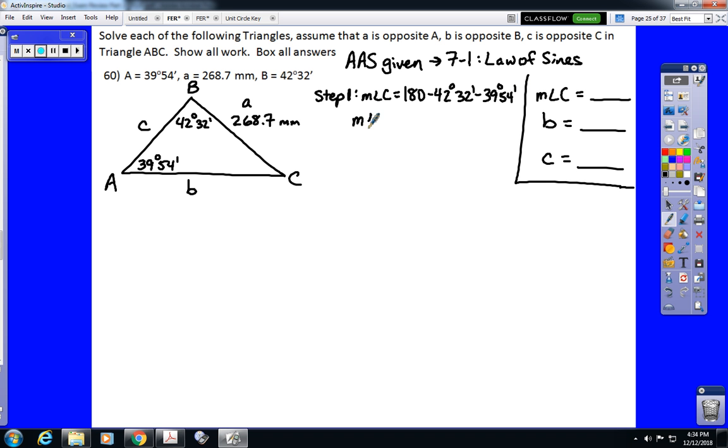And again, it doesn't matter if you give me this answer in degrees and minutes. You can if you want to, or you can give it to me in decimal form. Either way, it doesn't matter. So 180 minus 42 degrees 32 minutes minus 39 degrees 54 minutes is, and we're looking at 4 significant figures, 97.57 degrees.